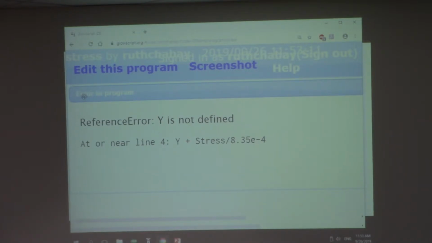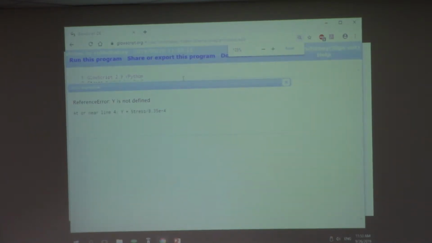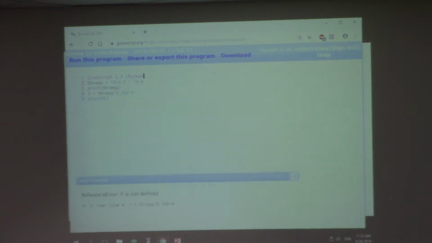No. What did I do? Okay, we've got to make this smaller so I can see what I'm doing. Oh, it helps to have an equal sign in your calculation.